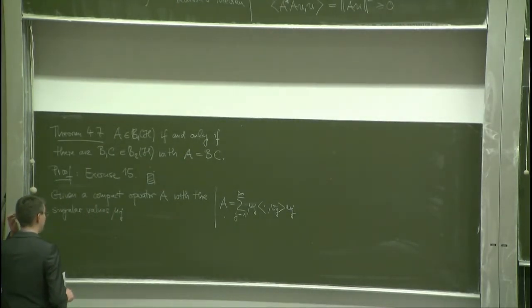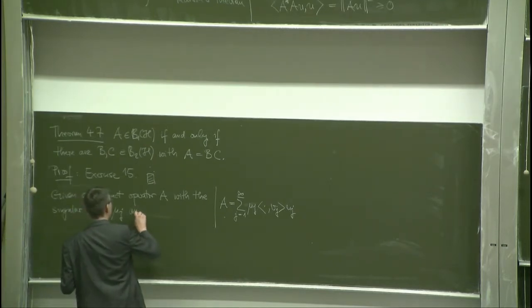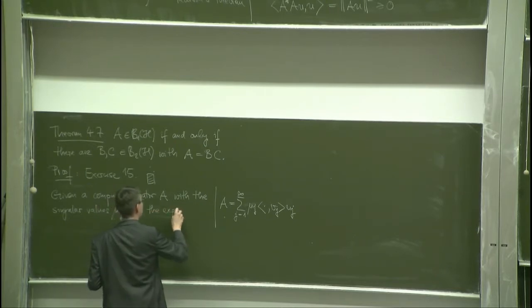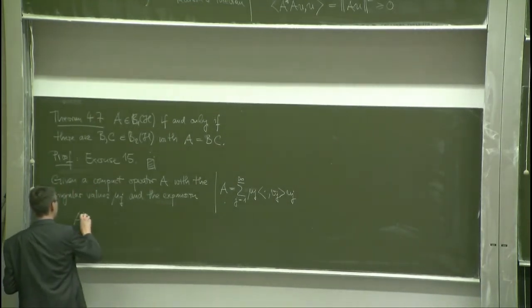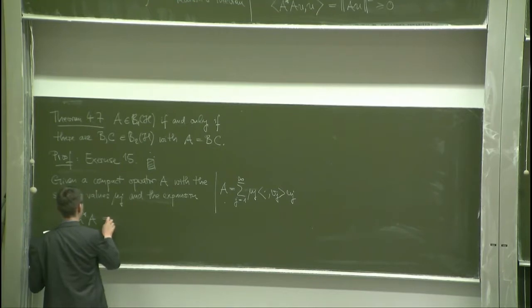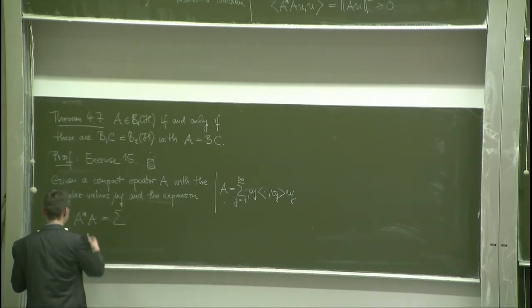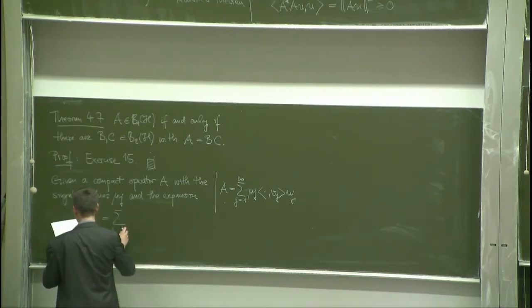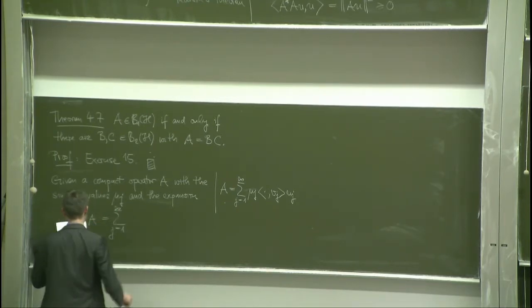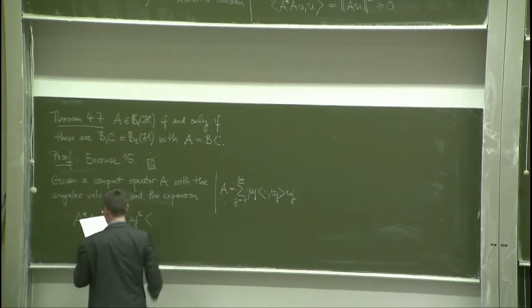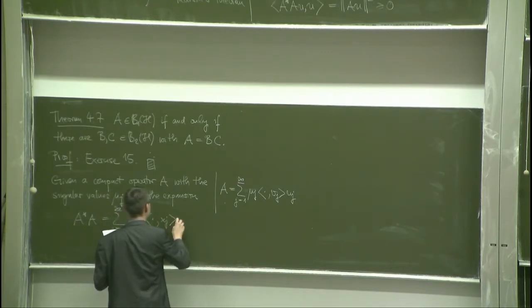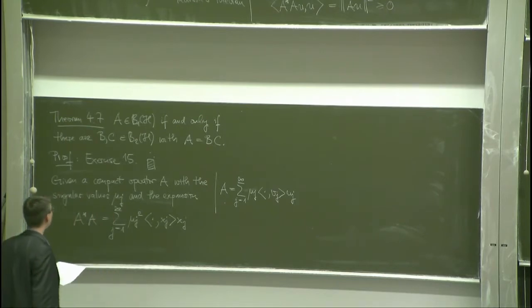So given a compact operator A with this decomposition and the expansion, A star A is given by, of course, this is a symmetric operator here, the sum with j running from 1 to infinity of mu_j to the power of 2, and here we have an orthonormal system x_j.